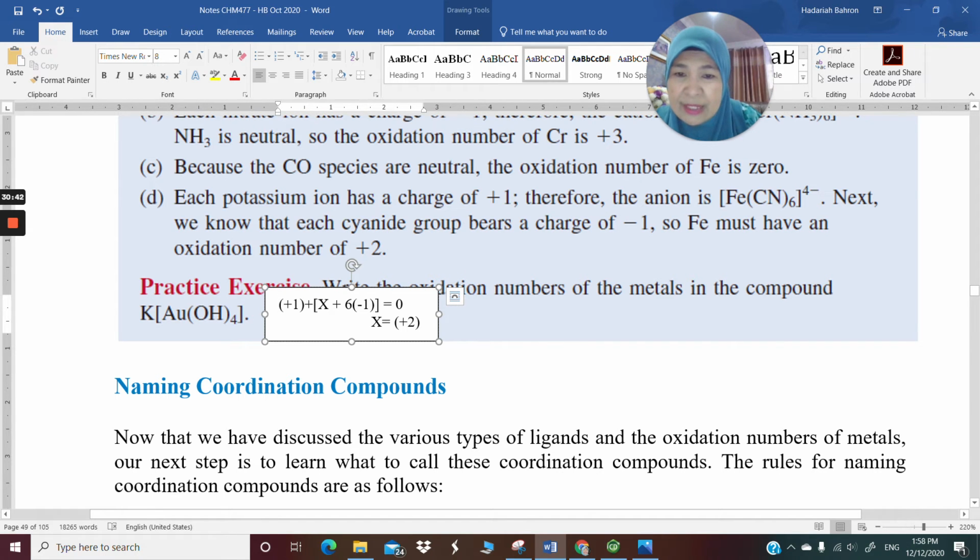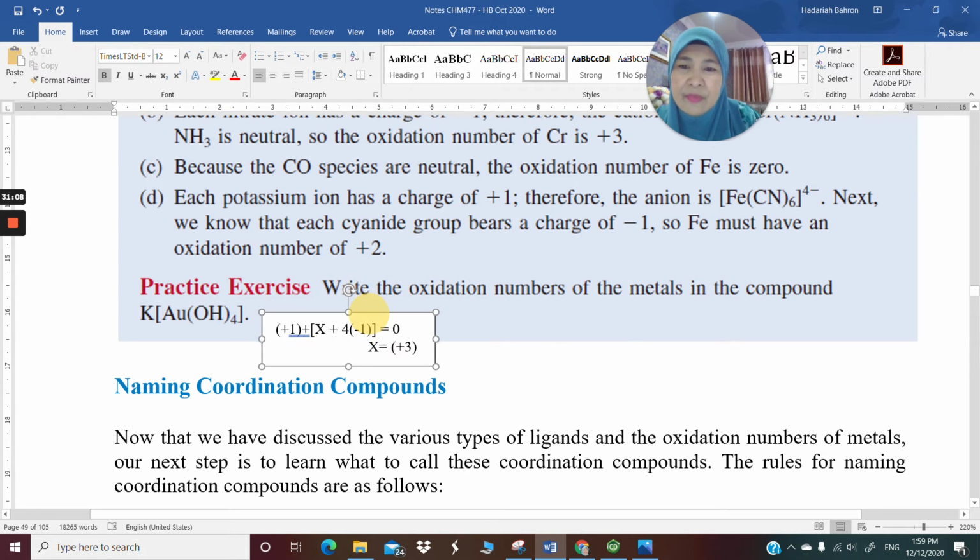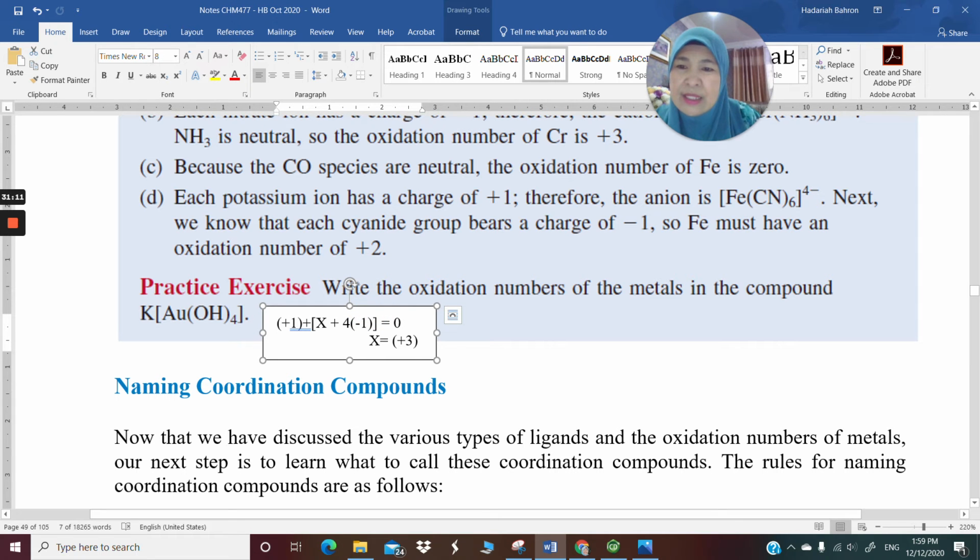Hydroxide has a charge of -1, and there are 4 of them. So +1 plus X minus 4 is equal to 0, because the whole thing is already neutralized through the action of this counter ion and that complex ion. So X is equal to +3. So the oxidation state of gold in this coordination compound is gold 3+. Yep, I hope that is clear to you.